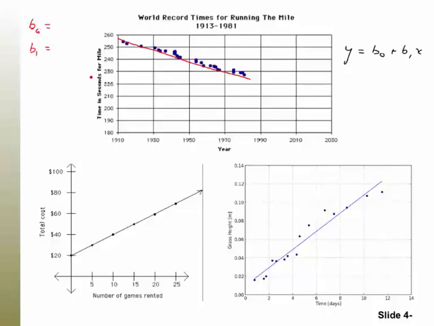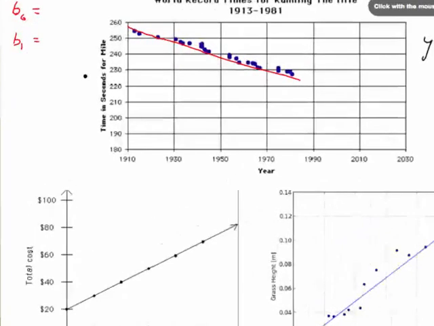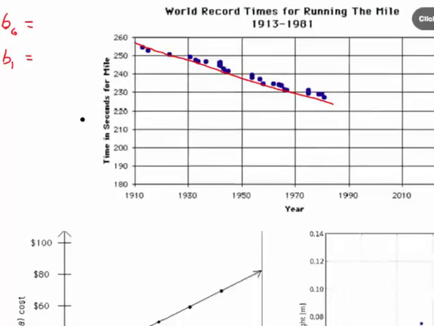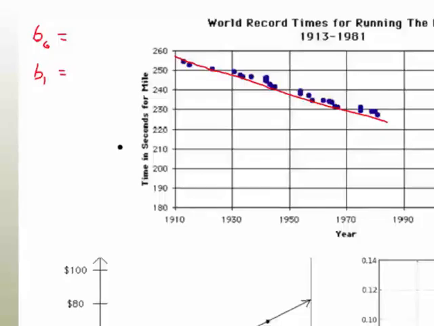We said b naught was the y-intercept. So what is the value and what does it mean? All right, he wants 259. Agree with that generally? Okay, and so how would you interpret what that value is? 259.